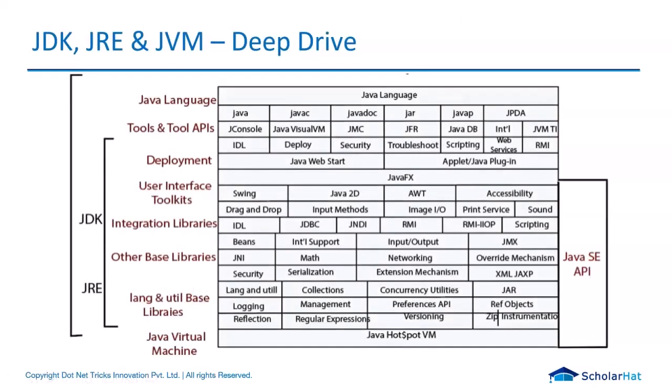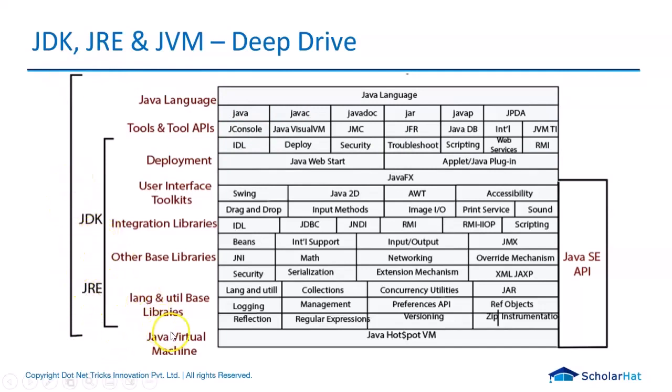This is how the combined picture of JDK, JRE and JVM comes together. JDK is a superset of JRE, which contains the JRE along with the compilers.